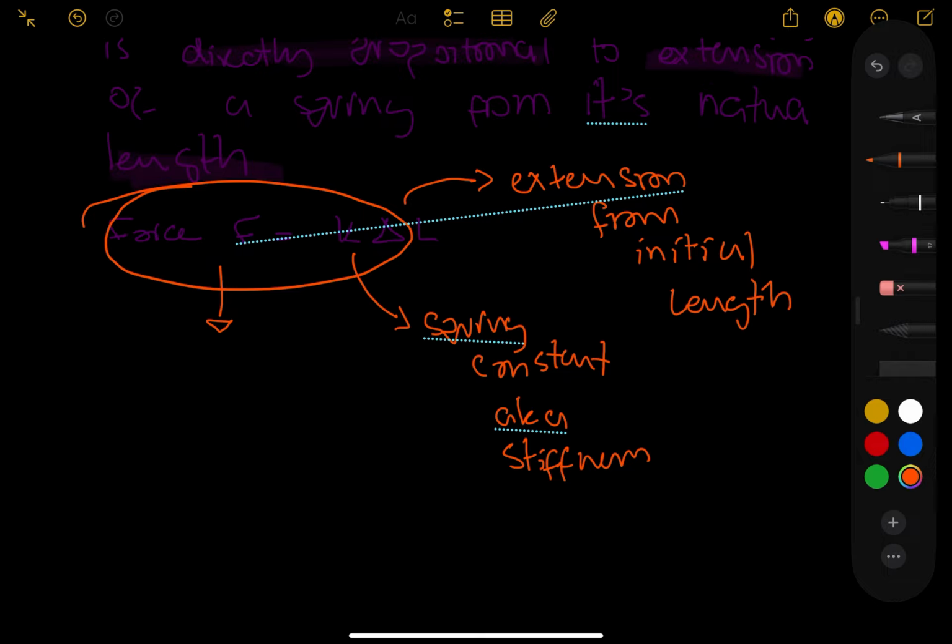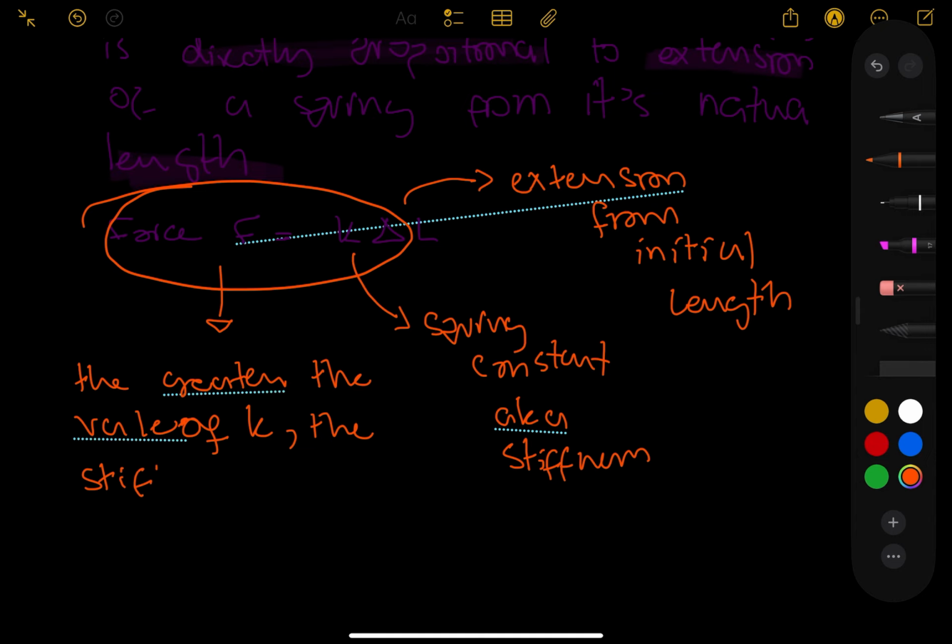So the greater the value of K, the stiffer the spring. And this logically does make sense.